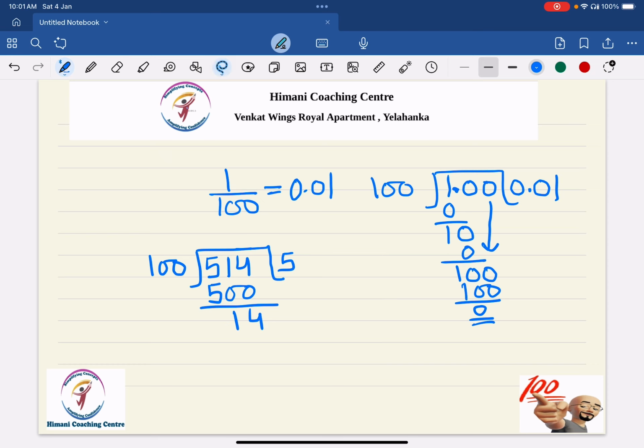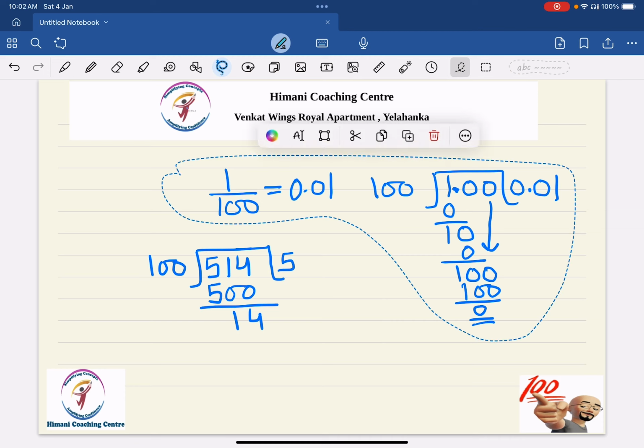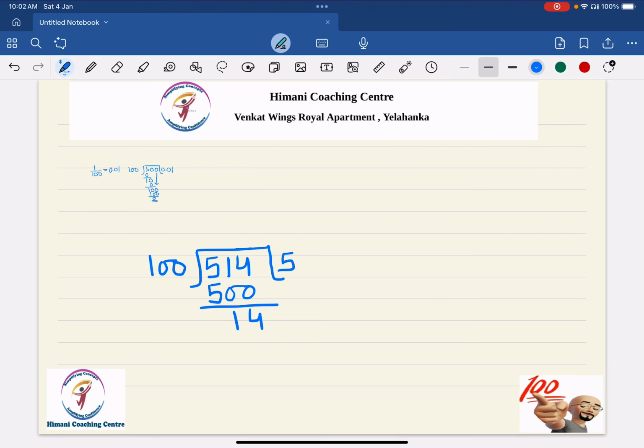Now, if we want to write this as a fraction, what will we write then? We will write this down as 514 by 100. As a fraction, it would be written as 514 over 100. But now we want a decimal.